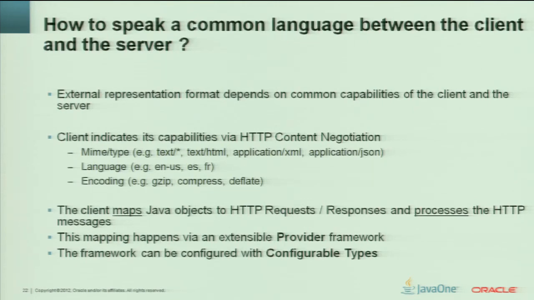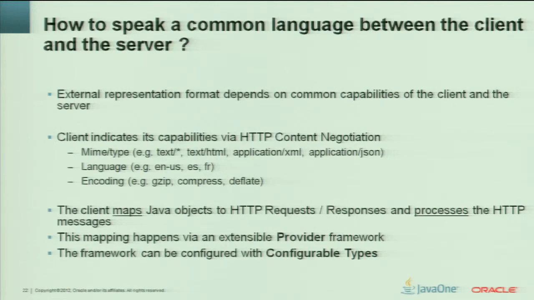So how do we speak a common language between the client and server? Since we have different capabilities, and the external representation format depends very much on the common capabilities. So you have a server which can handle several media types, you have a client which can only handle a subset of that, and they need to indicate and communicate somehow the capabilities.